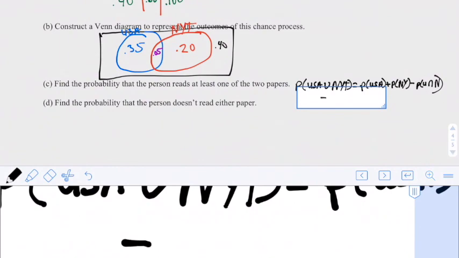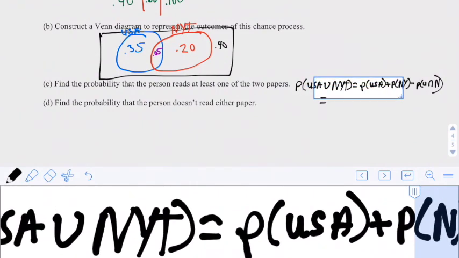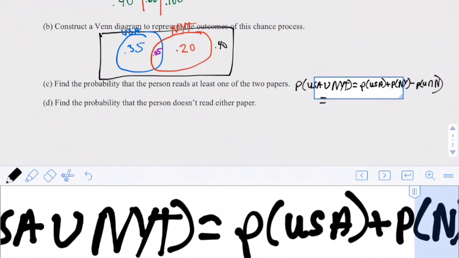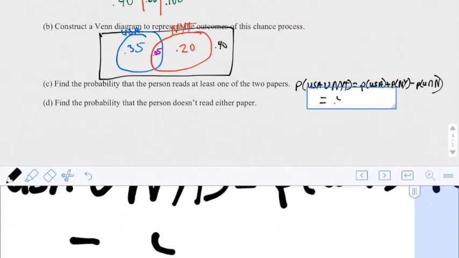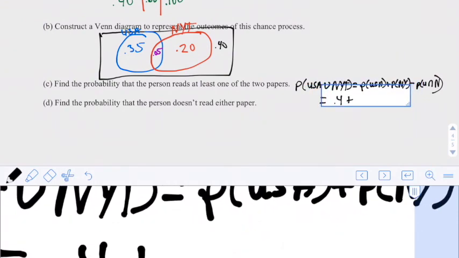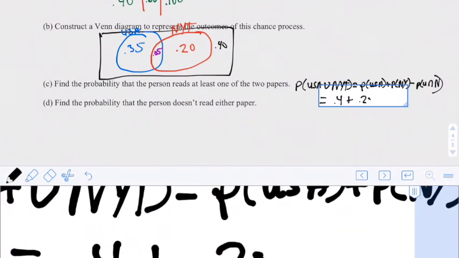So this is the probability of USA Today is 0.4 plus the probability of New York Times is 0.25 minus the probability of both, 0.05.